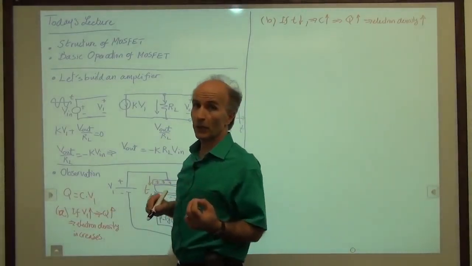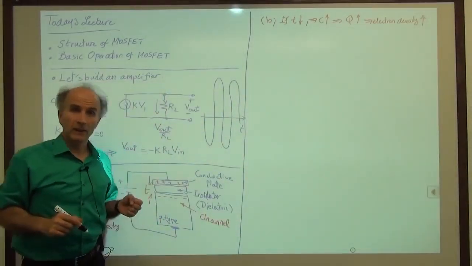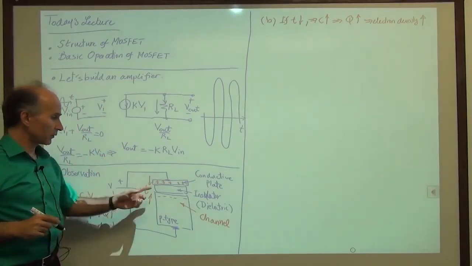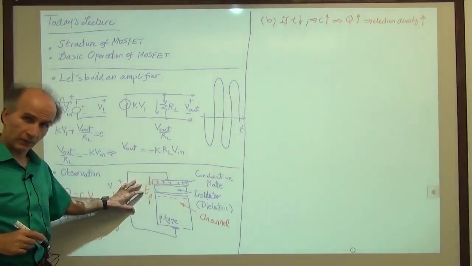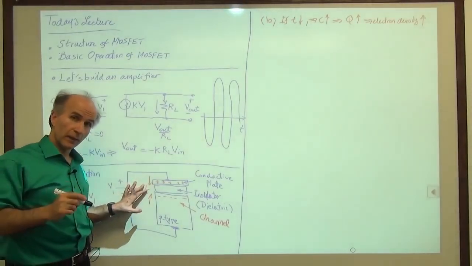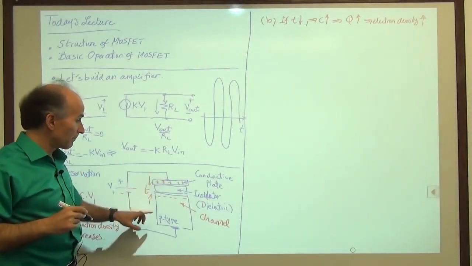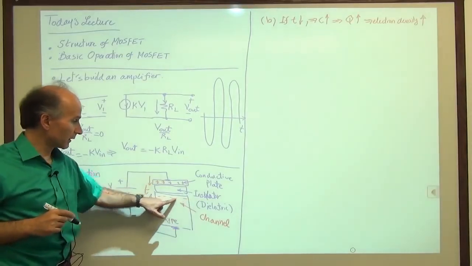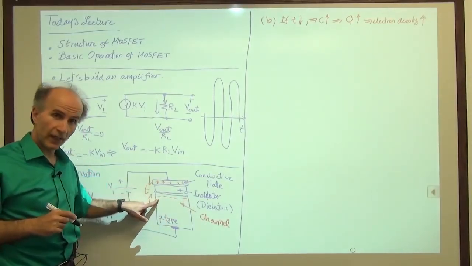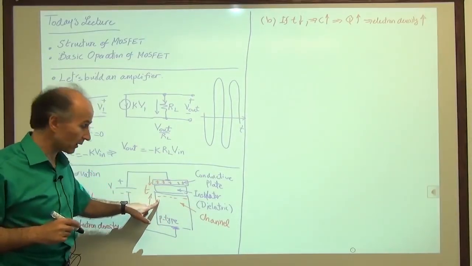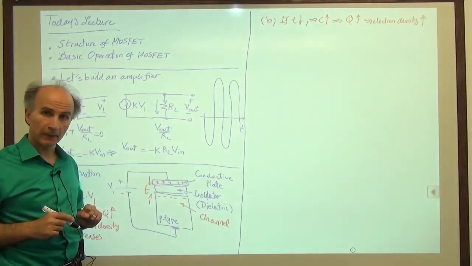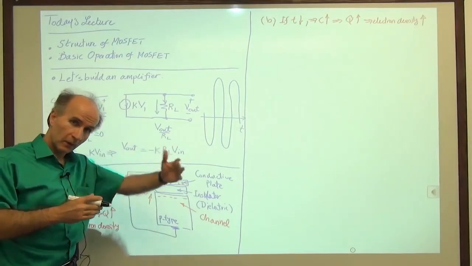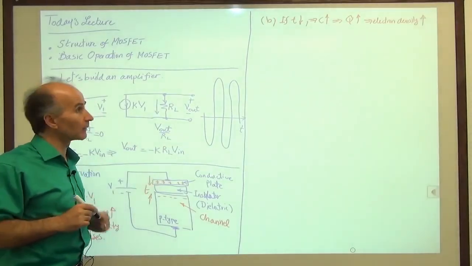So the interesting point here is that we have the ability to change the density of these electrons by changing this voltage. But also, if we are interested in maximizing the electron density in the channel by construction, we would like to minimize this thickness. All right, so these are two little points that we need to remember for our later work.